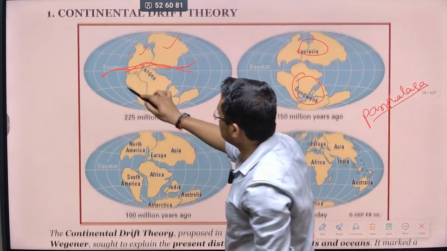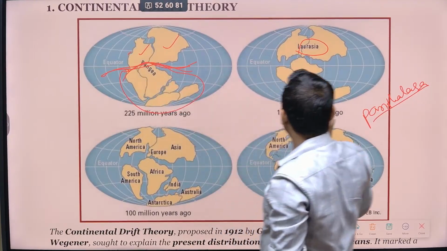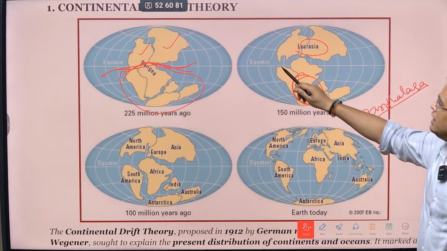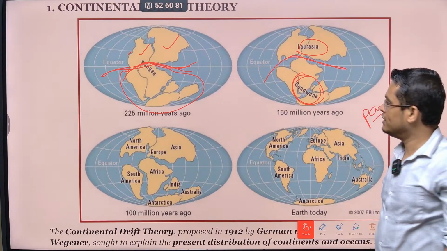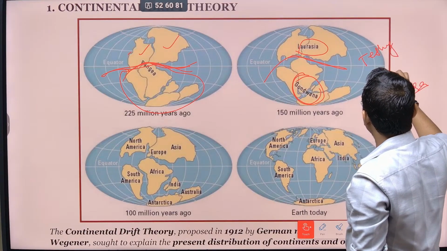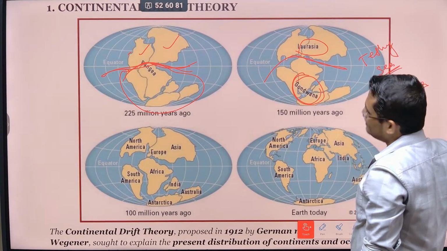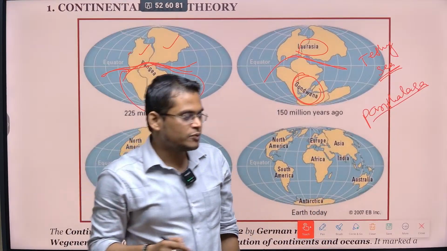The southern portion, moving south, is called Gondwana, and there is an ocean that formed in between them. It is called the Tethys Sea. What was it? The Tethys Sea. The present Mediterranean Sea that we are seeing is part of the Tethys Sea.